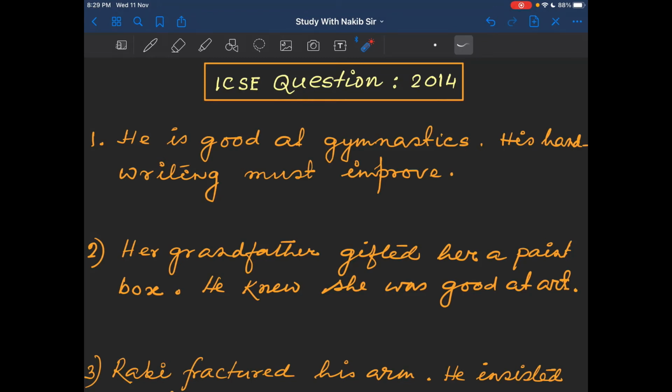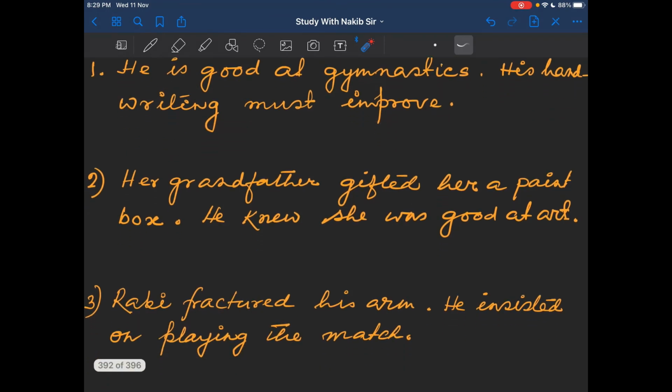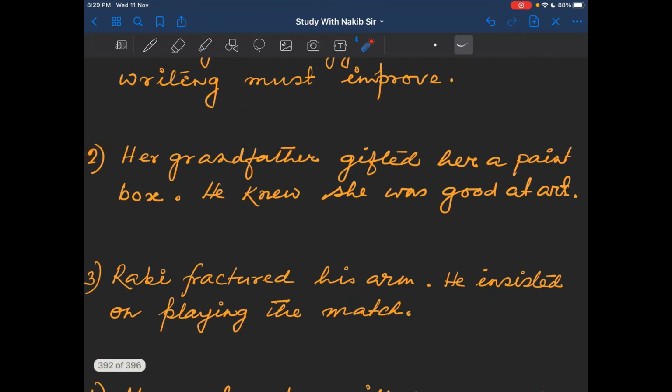Okay. Now the first question. He is good at gymnastics. His handwriting must improve. The second question. Her grandfather gifted her a paint box. He knew she was good at art.